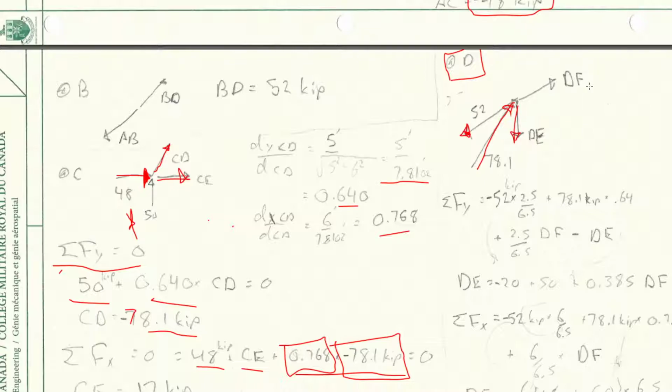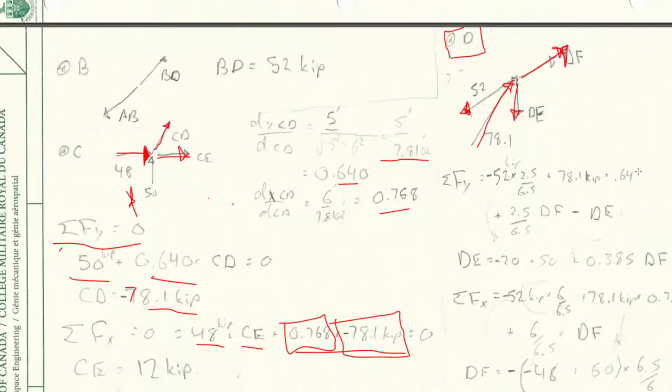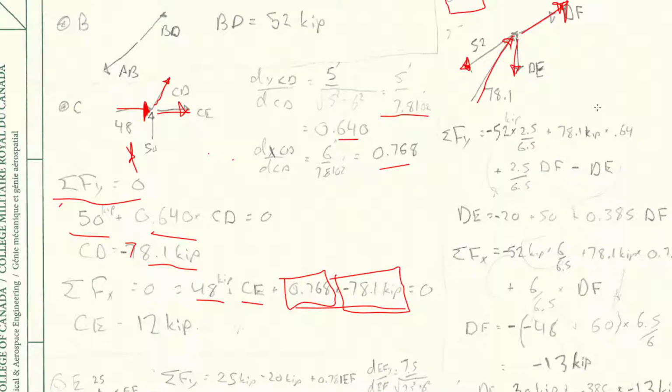If DF is in tension, then it's acting along the same direction as BD and AB were, because it's the same angle there. So yeah, simple. Again, we know the unknowns. We've got the angles we're working at, so we can just solve for that.